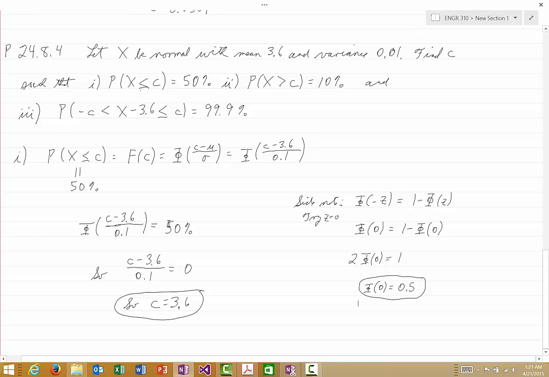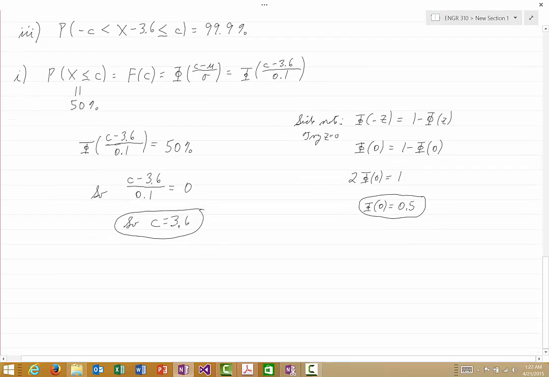So whichever way you want to solve this problem, it's more direct to use table A8, but you could have used table A7 as well. So now that you've seen that, I hope that you can get the second part of this problem. Now the third part might be a little tricky, but try to do the second part at least, and then let's come back and look at it together.